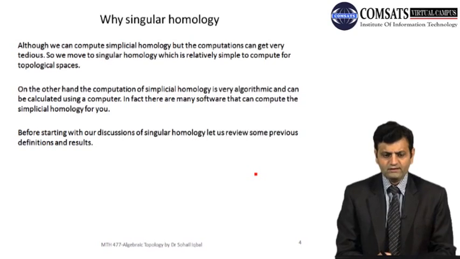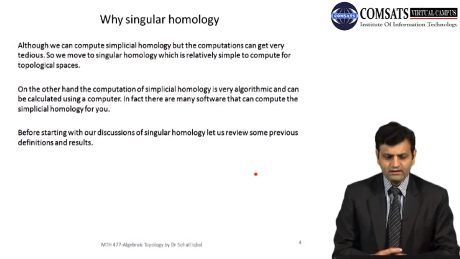So we move to singular homology, which is relatively simple to compute. But when I say relatively simple, it means that if you apply the definition of singular homology directly, it might not be very simple. What it means is that there are some results derived from the definition of singular homology, and those results will be helpful in computing it.